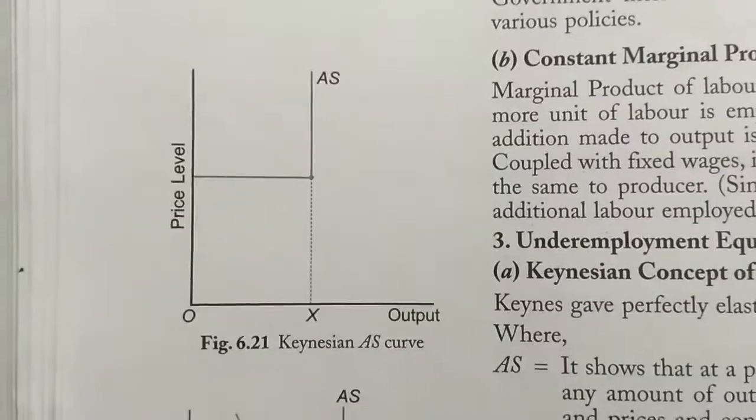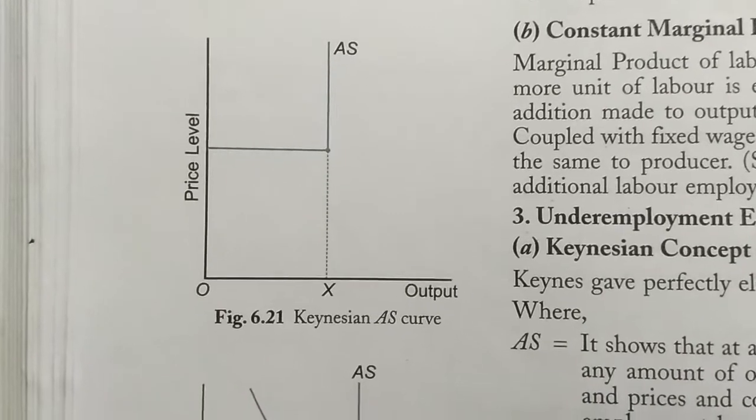Coupled with fixed wages, it means that each additional unit of output costs the same for the producer. This can be explained with the help of a diagram.